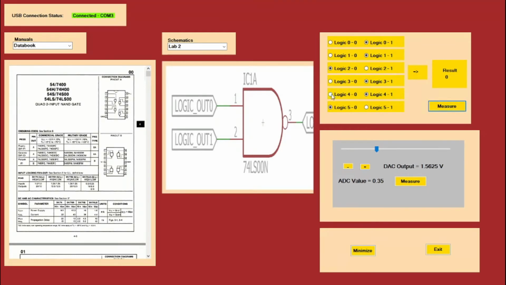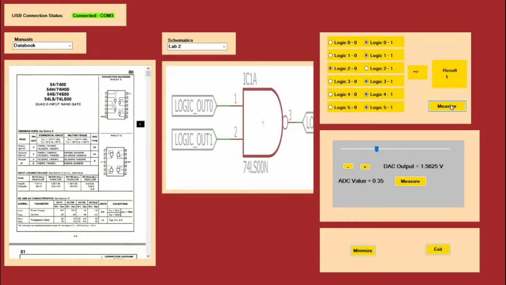Now I'm going to put these back, and I move A to 1, and I measure, it's still a 0. Now anytime I move any of these, so now C is 0, this should yield a 1. And there it is. Now B is 1, it yields a 1. And then when all three are 1s, that's what we're expecting.